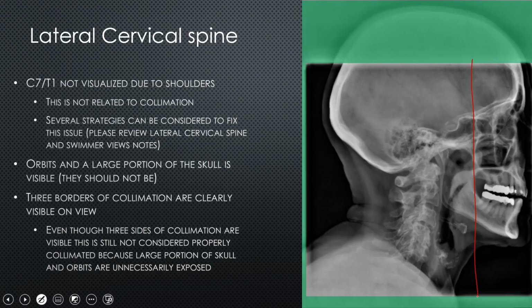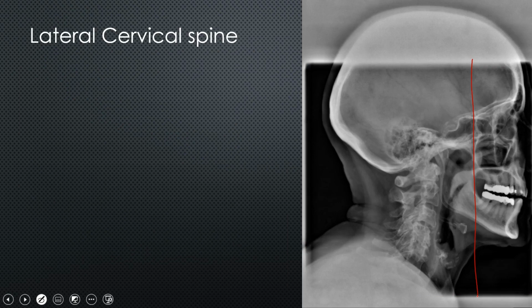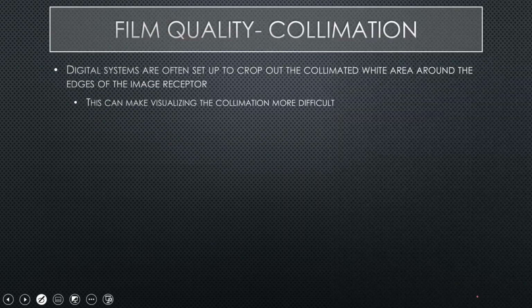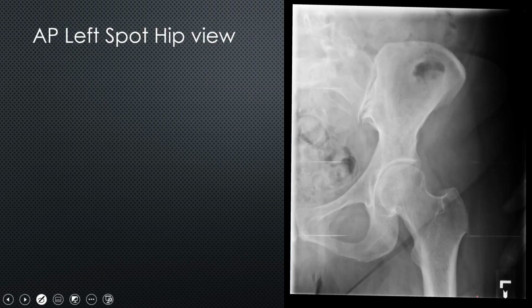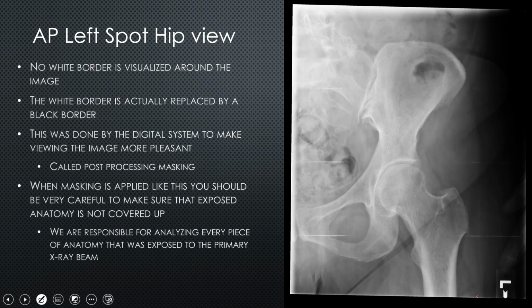So if we go back to the lateral cervical spine view, we can see the blur between what was collimated and the actual image. If we go here, you can see that there's a sharpness where the collimation is.